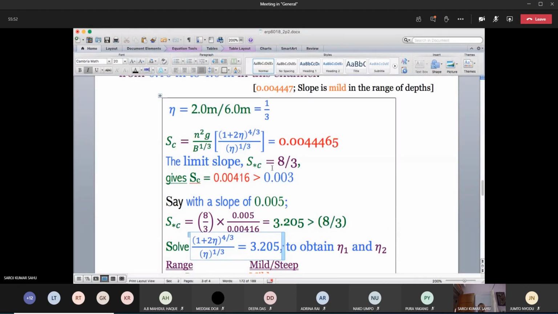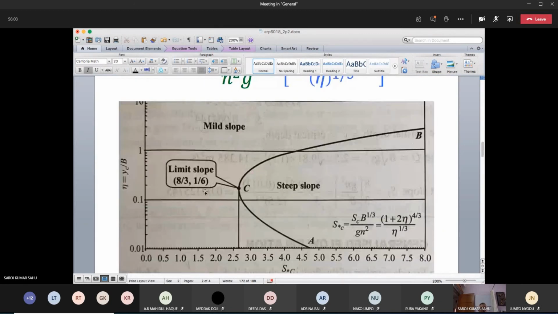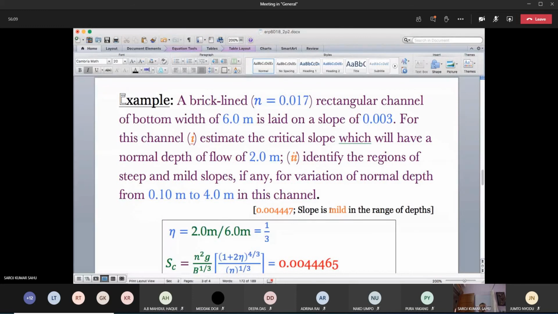It is all the same. So we compute basically the critical slope, 0.00416. It is greater than 0.003. So you are basically lying to the left of this, and at all slopes it is mild. So this is your answer.